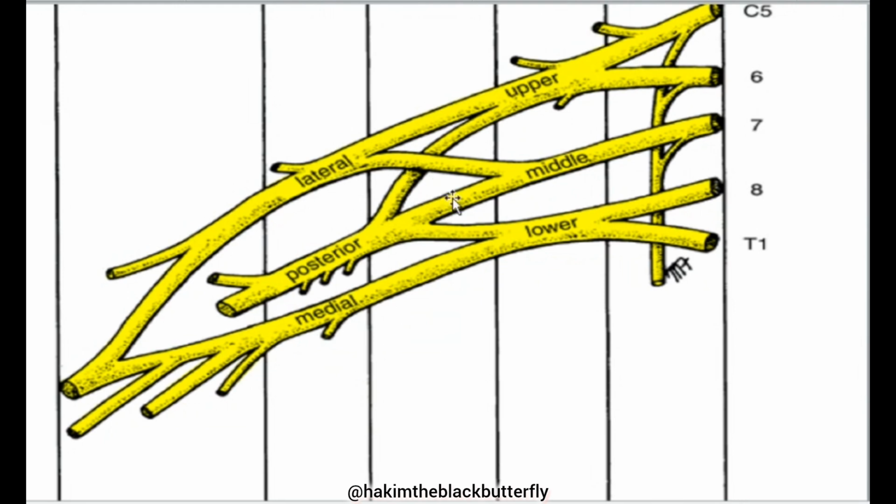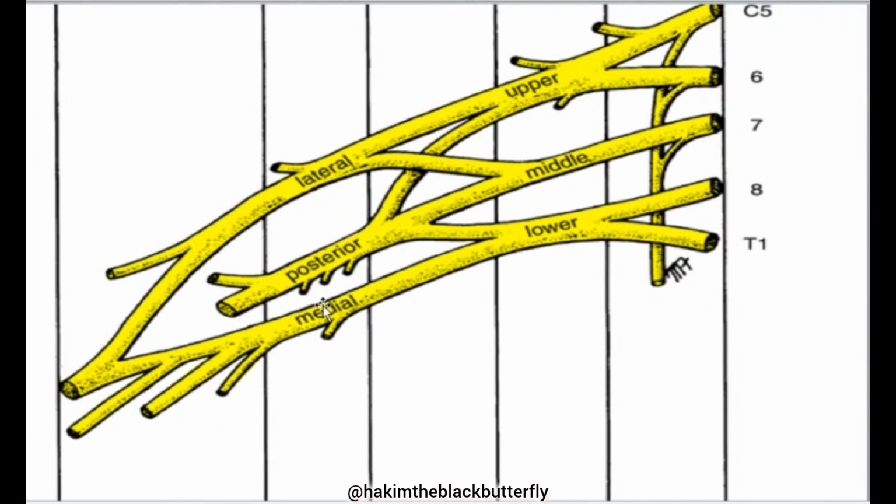Then all the three posterior divisions, the posterior division of the upper trunk, the posterior division of the middle trunk, and the posterior division of the lower trunk, are going to join to form the posterior cord. And the anterior division of the lower trunk is going to continue in the axilla and form the medial cord.